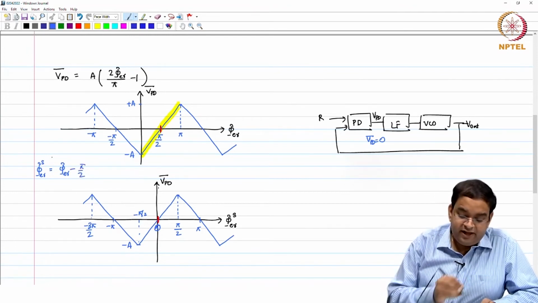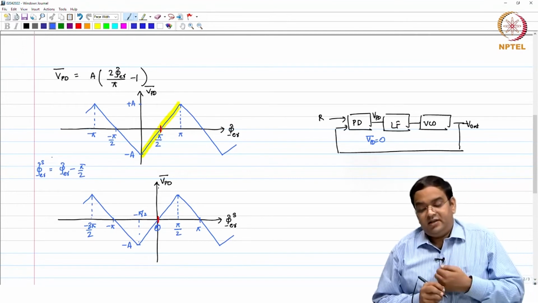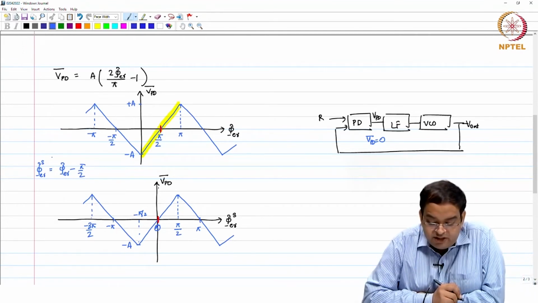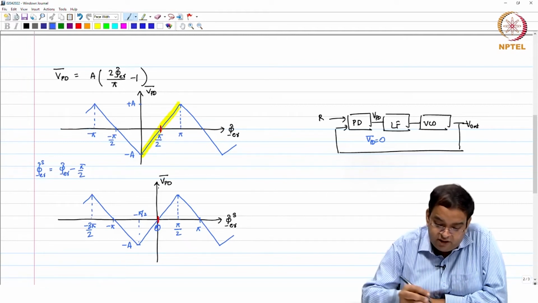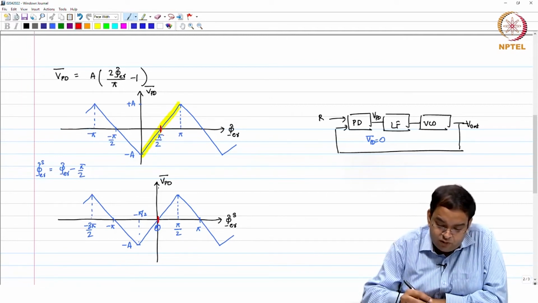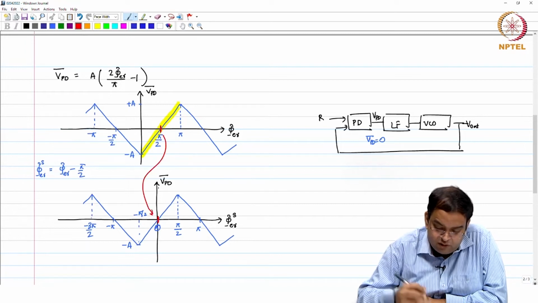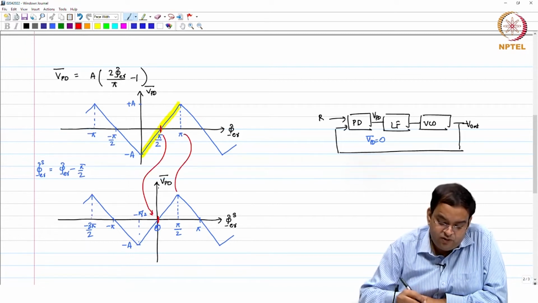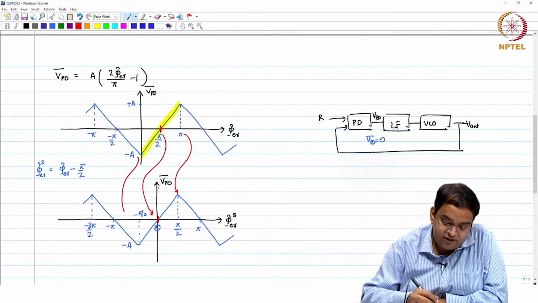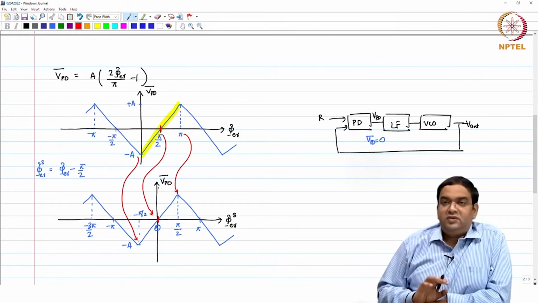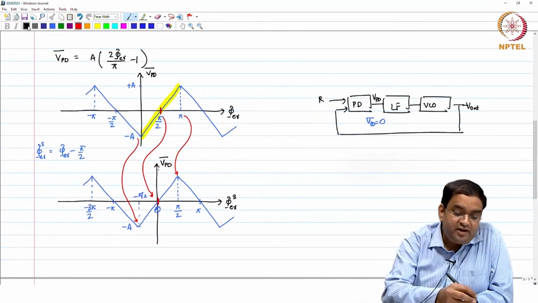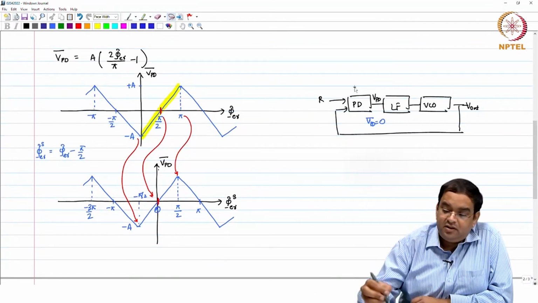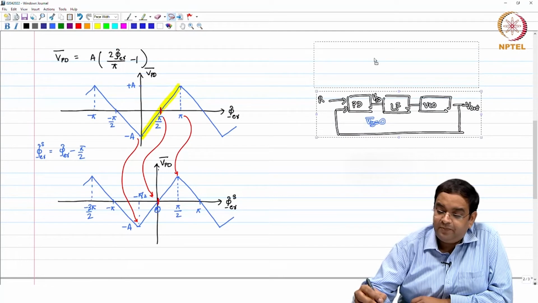This is the change in the variable I applied, and then I plotted VPD average with respect to phase error S. So, what you see here is that your pi by 2 translates to 0 and pi translates to pi and this one translates to this point. Well, other than ease of looking at this phase error detector, there is nothing much which we did.